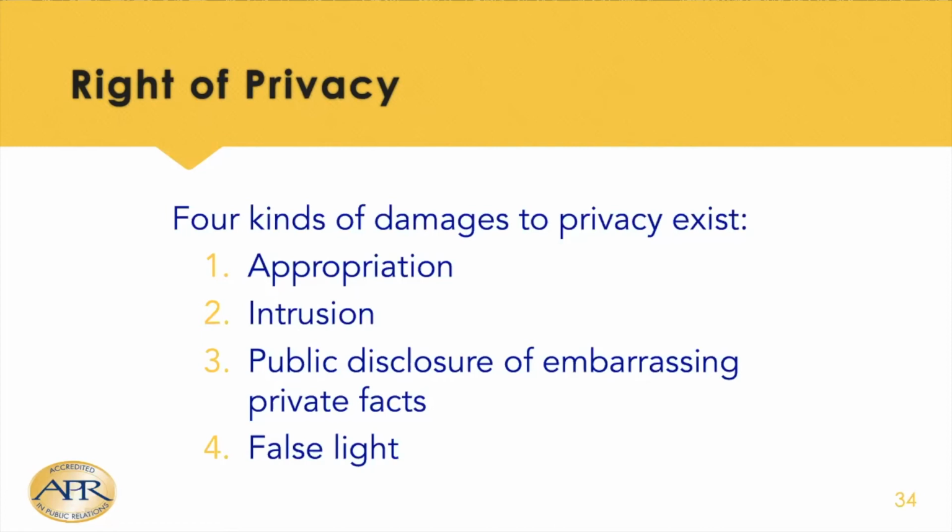And then the fourth tort of privacy is casting somebody in a false light. A good example of this would be if you're printing a newsletter, and your organization has made a donation to the American Cancer Society, and you have this wonderful photo of an employee that you just adore, who's employee of the month or whatever.